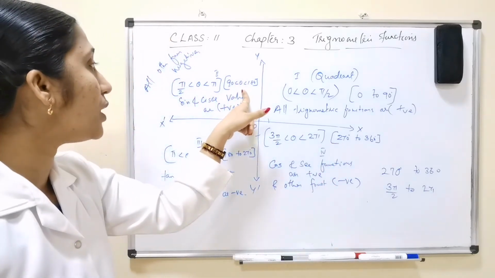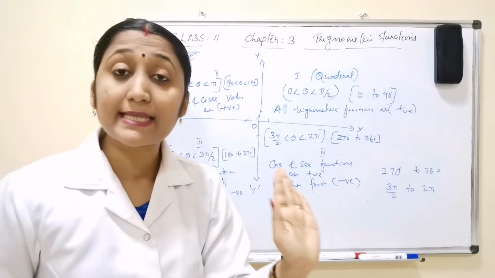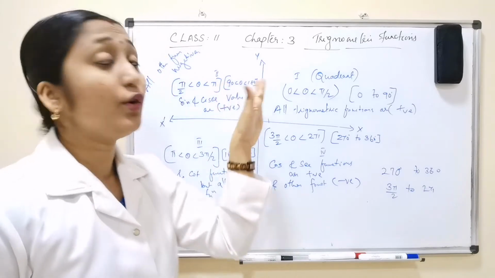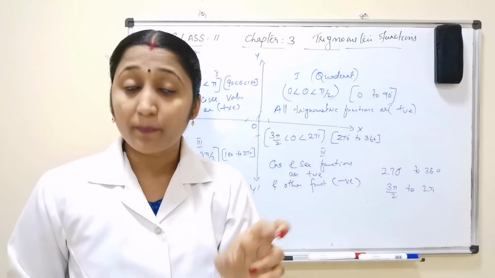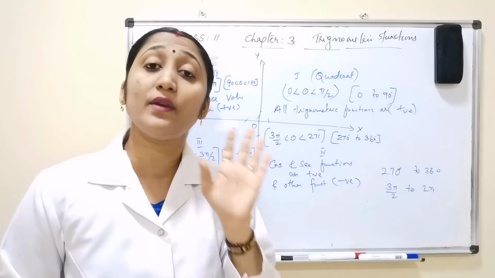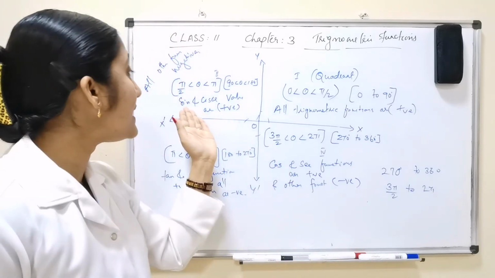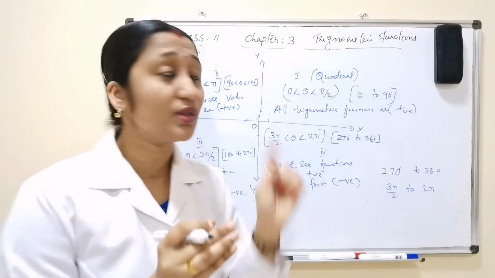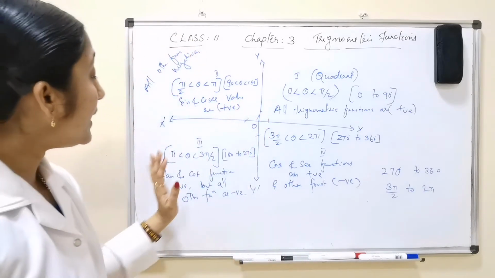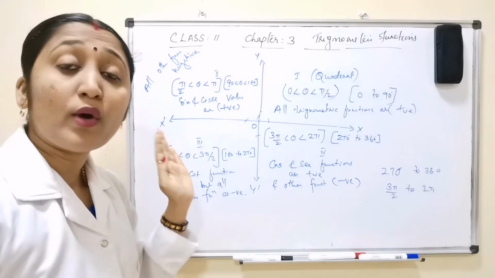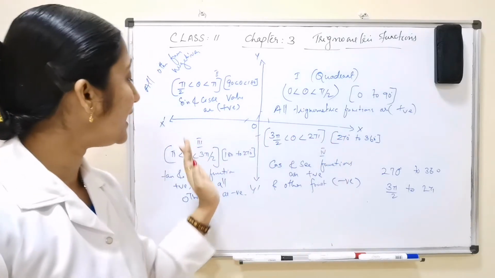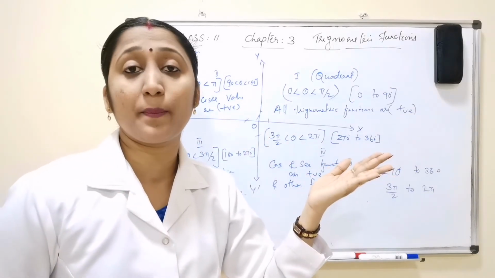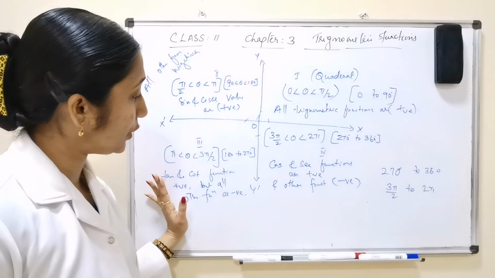The second quadrant means pi by 2 less than theta less than pi, the angle between 90 and 180. In it, sine and cosec functions are positive and all other functions are negative. In the third quadrant, 180 to 270, that is pi to 3 pi by 2, tan and cot functions are positive and all other functions are negative.